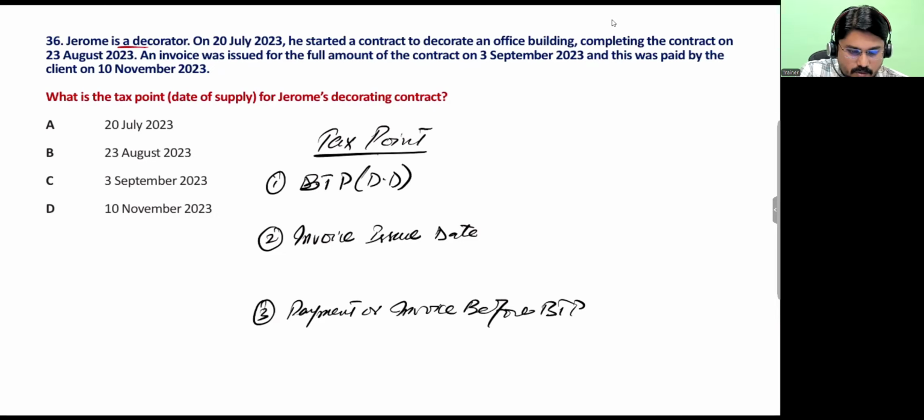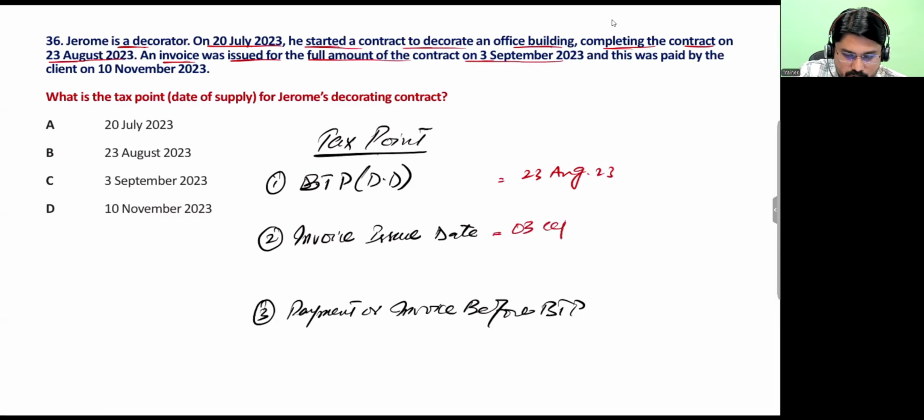J is a decorator. On 20th July 23, he started a contract to decorate an office building and completed the contract on 23rd August 23. So this is the contract completion date. So there's a delivery date, 23rd August 23. An invoice was issued for the full and final amount of the contract on 3rd September.